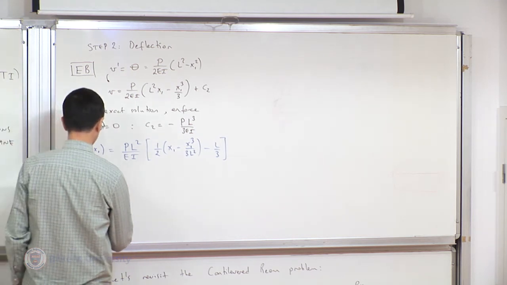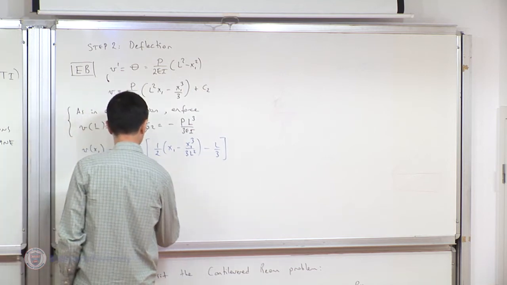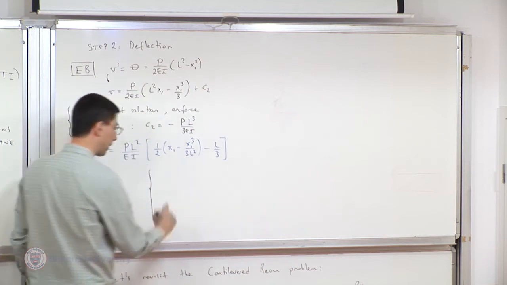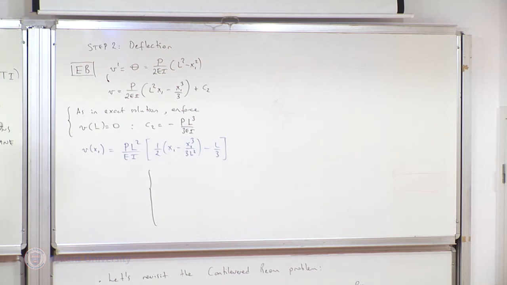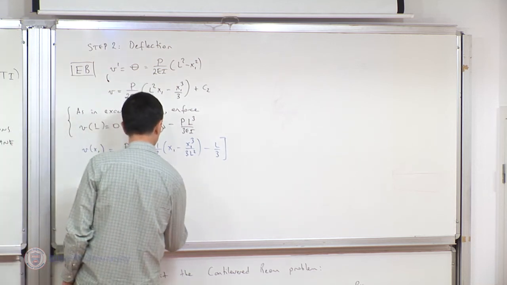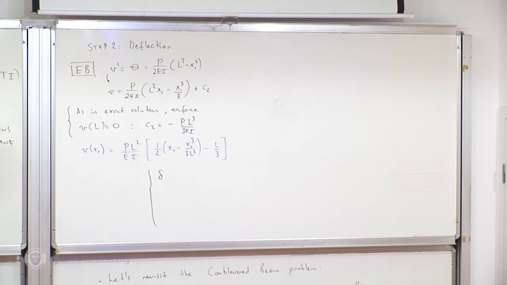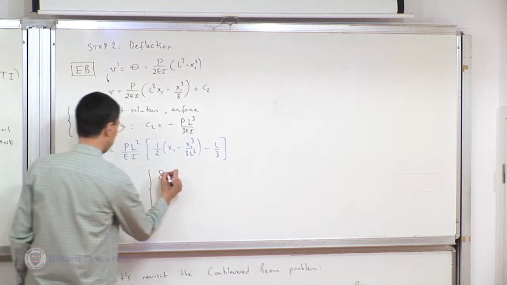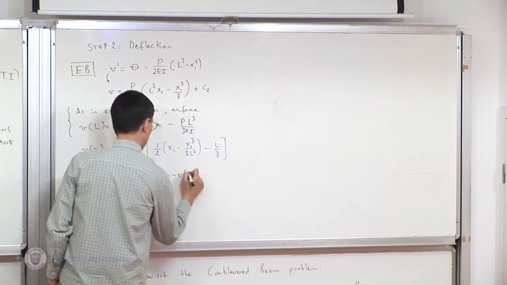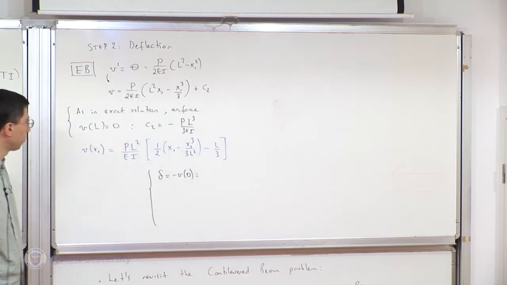Okay, so here I can make two observations. First, I can evaluate the tip deflection, which at the end of the analytical solution we call delta. So delta is simply minus V of x1 equals 0.